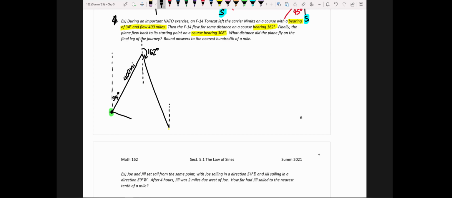This should be north. Okay, so we should draw it this way. From the north line, this is 308 degrees.